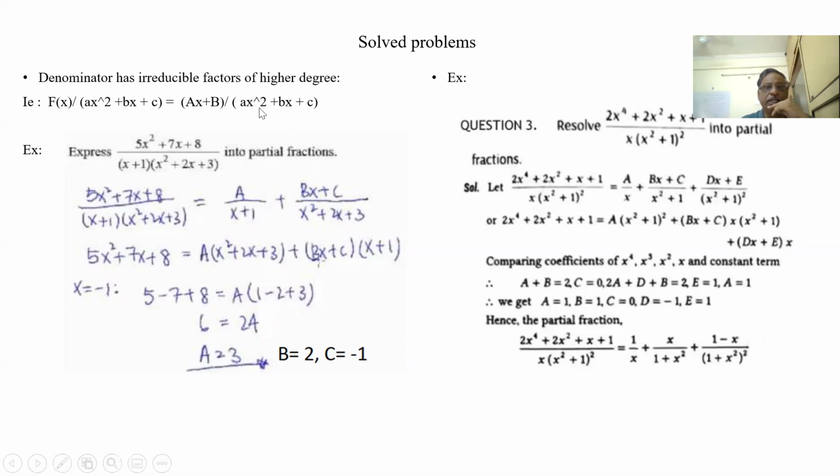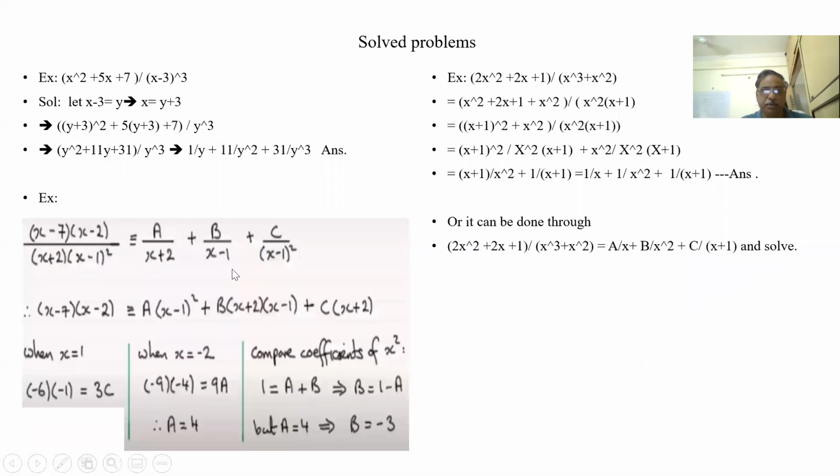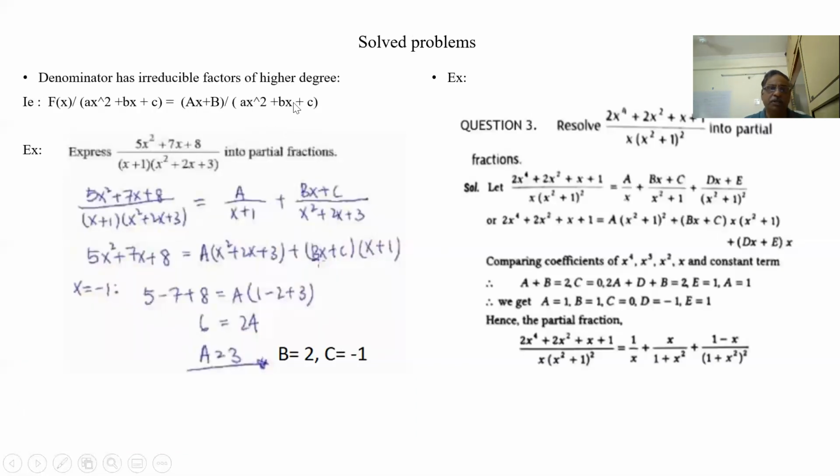It is not linear. This is of higher degree, but irreducible. It cannot be converted into fractions. If it is able to convert into such multiplications, we can write it down. It is given that this is not convertible to further linear fractions.